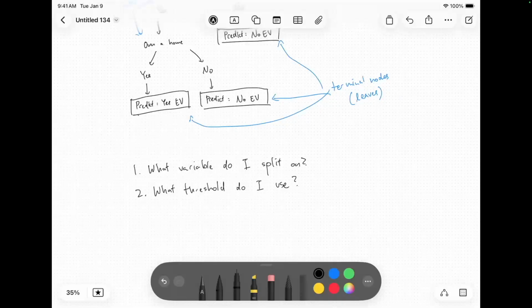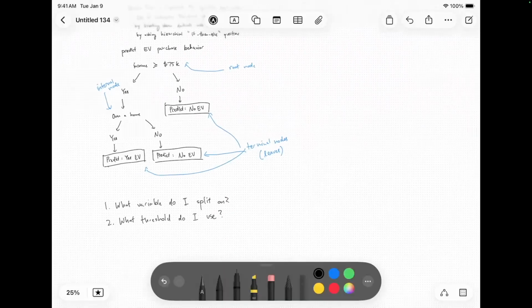So let's say in the data, I have income and home, and your income looks like this. And then home is like ones and zeros. Something like this, right? So it will split it.